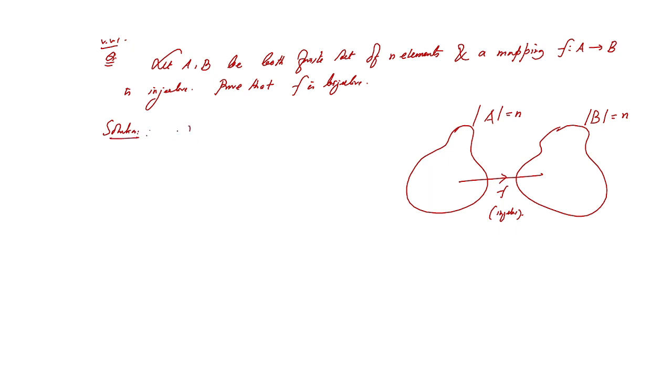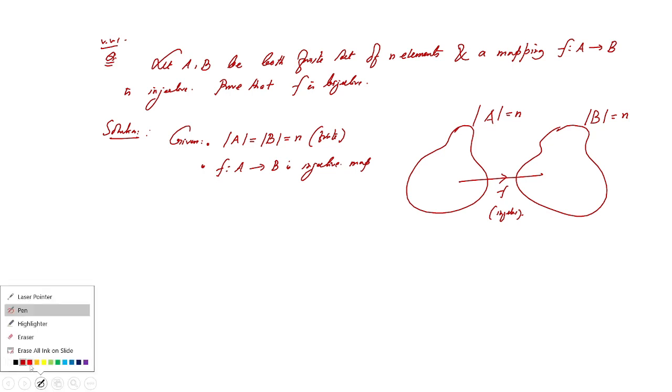What is given? Given the cardinality of A equals the cardinality of B equals n, and this is a finite number. And it is also given that f from A to B is an injective map. So what we have to prove? We have to prove f is a surjective mapping.